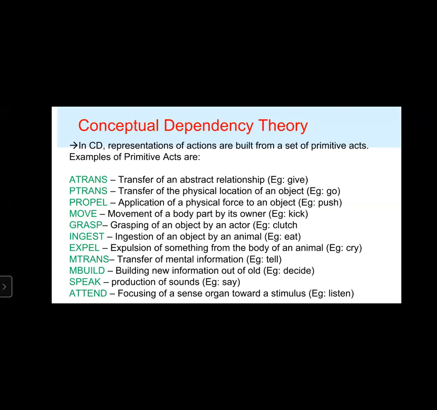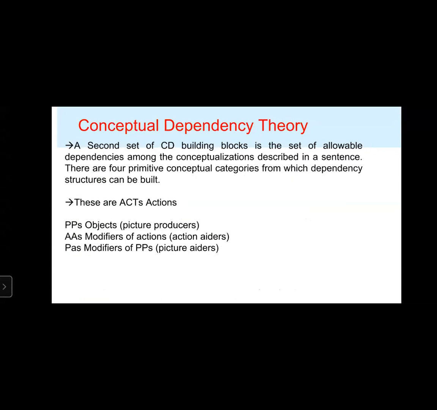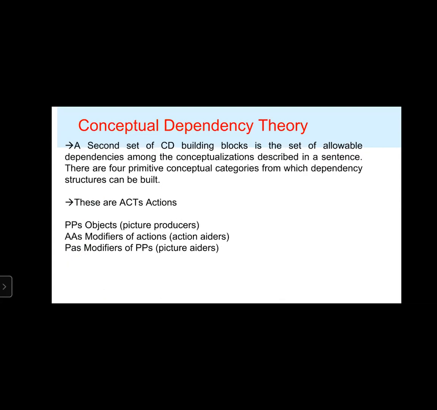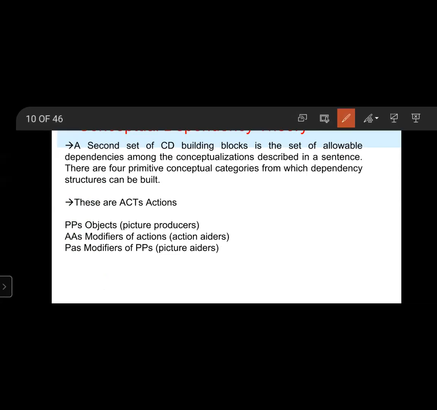There are four conceptual categories: ACT, PP, AA, PA. ACT means actions, that is, one of the conceptual dependency primitives.